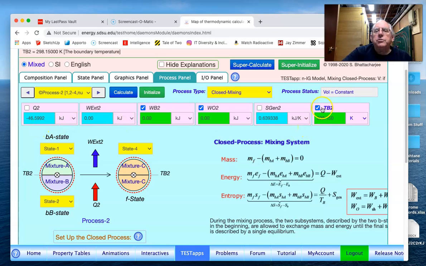Now the problem also stated that the heat transfer occurs to a boundary temperature of 20 degrees.